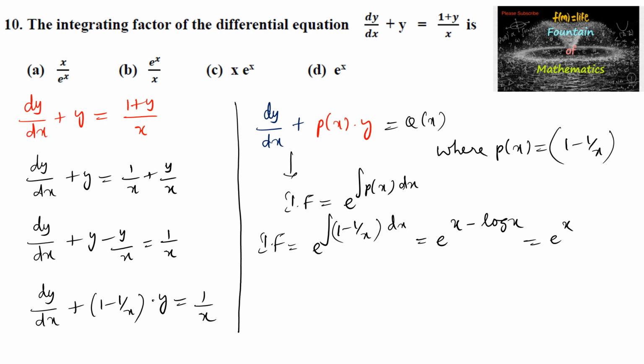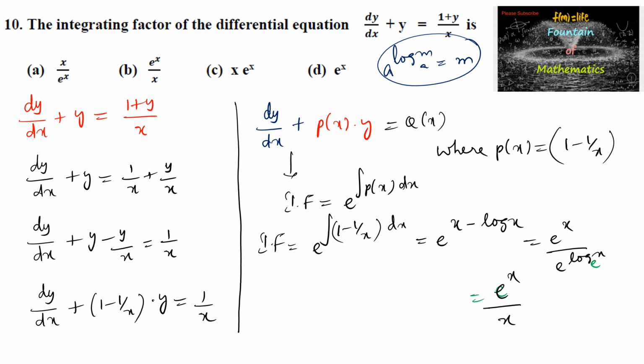So we can write e to the power of x upon e to the power log x, and since we know the property a to the power log m to the base a is equal to m, and here the base is e, we can write e power x upon x. So e power x upon x is the integrating factor for the given differential equation, which is option B.